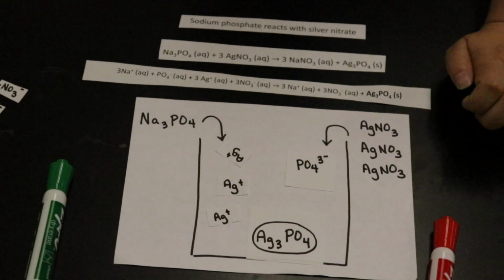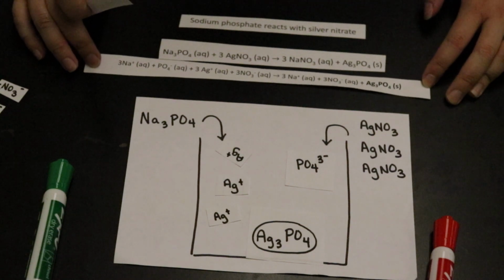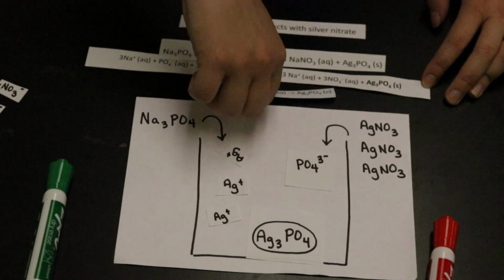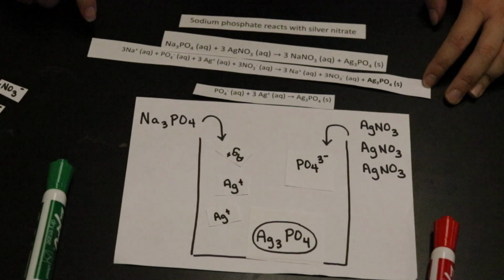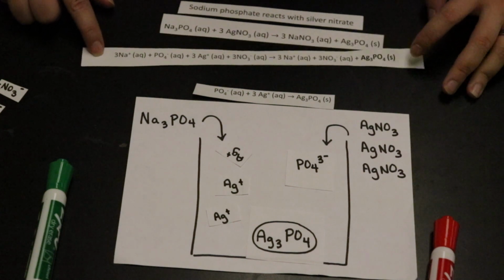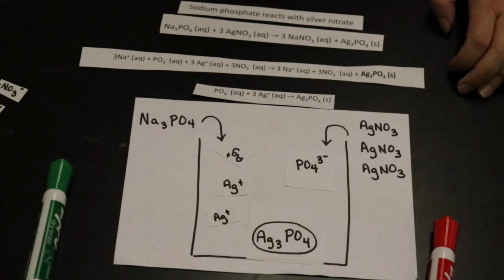So if we were going to write the net ionic equation for how we made that solid, we would say PO4 3 minus aqueous plus 3 Ag plus aqueous gives us Ag3PO4 solid, and this is how we would illustrate what's happening in the beaker.